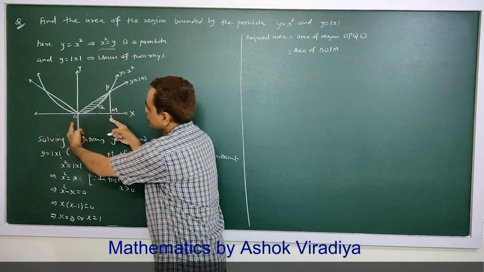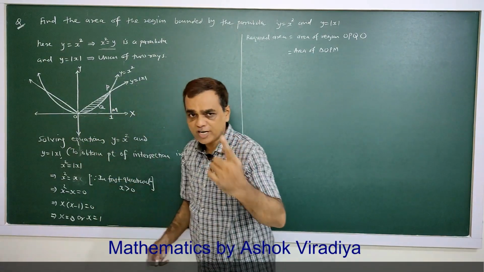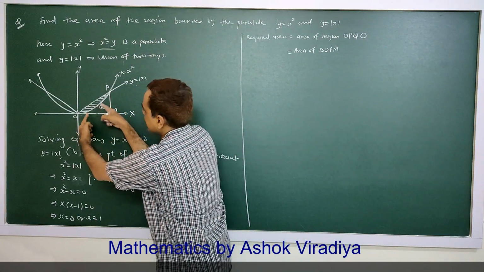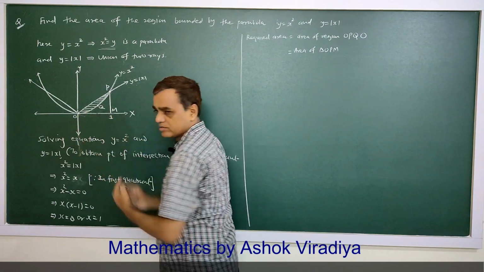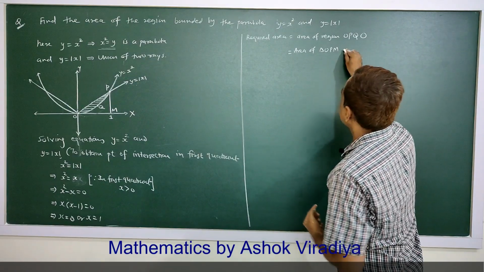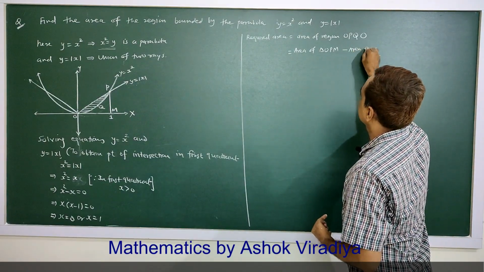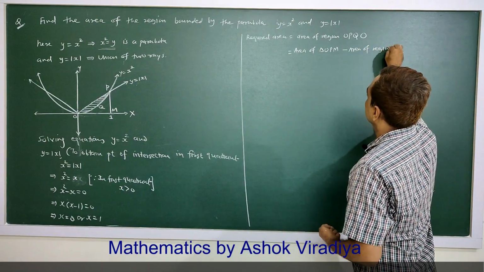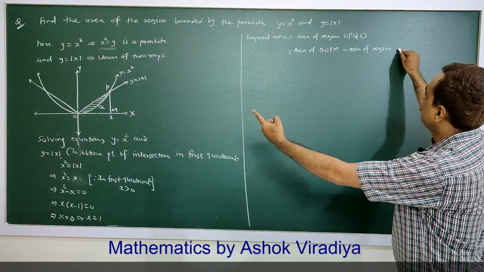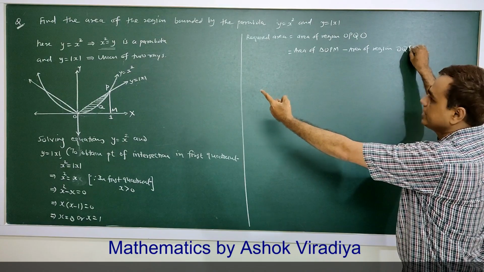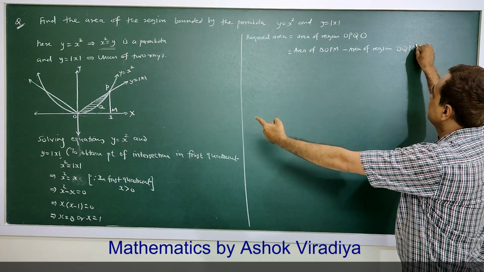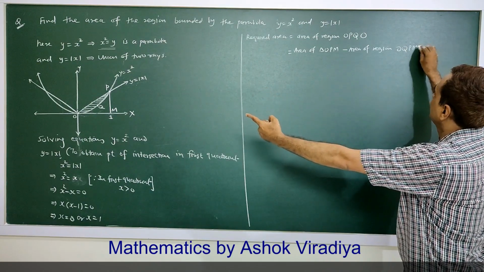From this triangular region, we will subtract this lower area which is below this curve, so minus the area of region OQ, then P, then M, then go back to O.